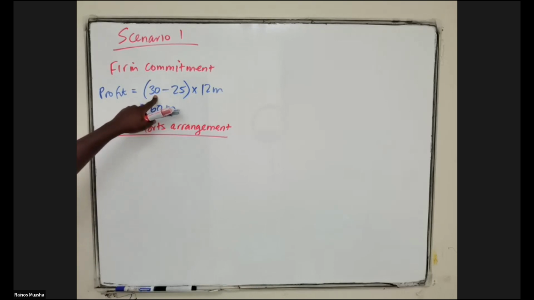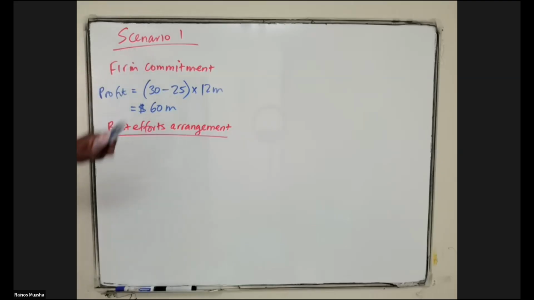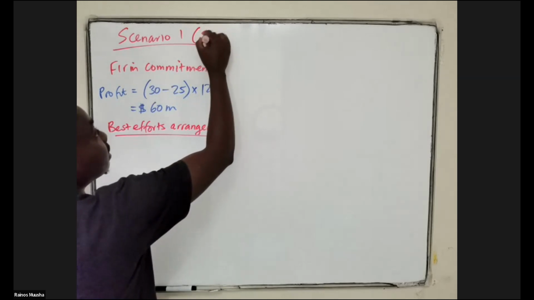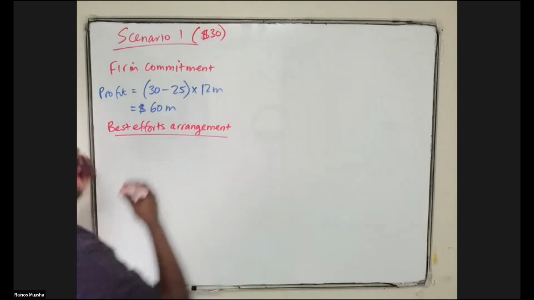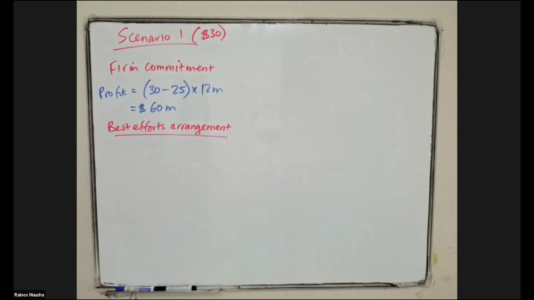Are we going to make a profit? If the share price ends up being $23, are we going to make a profit as well? Okay, I see. So in the first scenario, where the share price ends up being $30, we're trying to find out what would be better for us. Are we better off going the firm commitment route, or the best efforts arrangement?